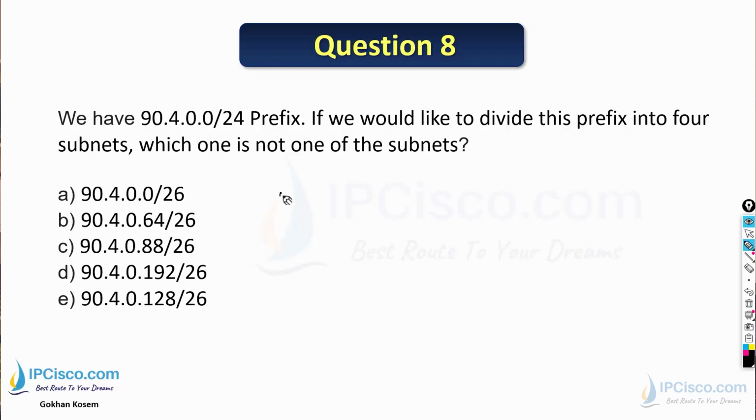To divide this IP prefix into 4 subnets, we need to find this value. 2 to the x will be 4. So x here is 2. We need 2 borrowed bits.